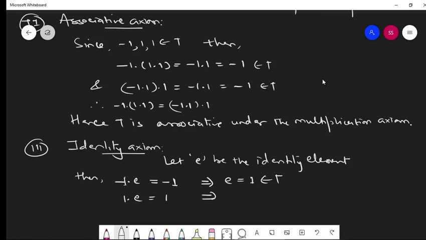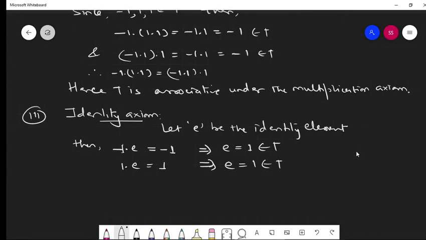This implies the product with the identity element gives the same element, as we have repeated many times. Then E equals 1, which also belongs to T. So from this checking, the value of E is 1.